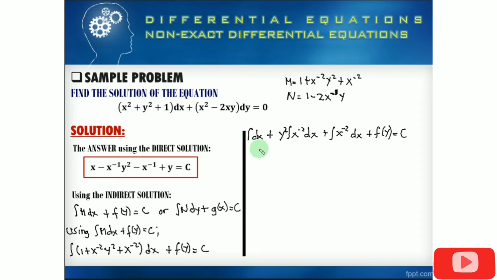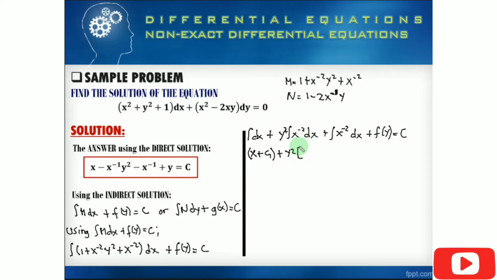And we have here the integral of dx is just simply equal to x plus the constant c1, then plus we have y squared integral of this one. So we have to remember the integral of u to the n du is equal to u to the n plus 1 over n plus 1 plus constant.